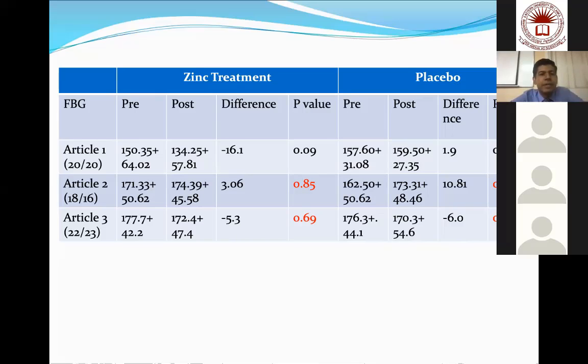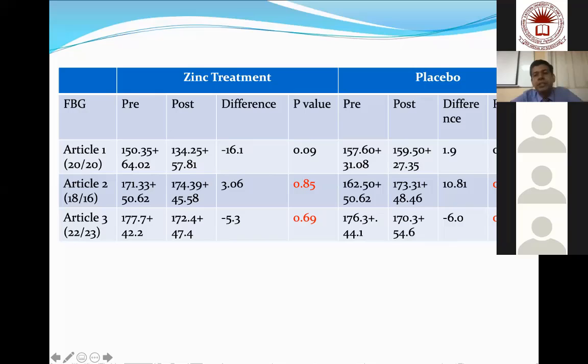Article 1. What I have given here is the sample size in the zinc treatment group and in the placebo group, and then the mean values pre-intervention, the mean values post-intervention, and the p-value of the difference, right?